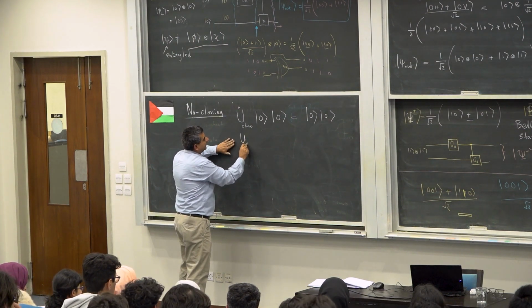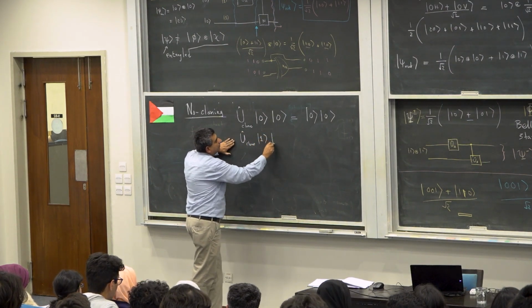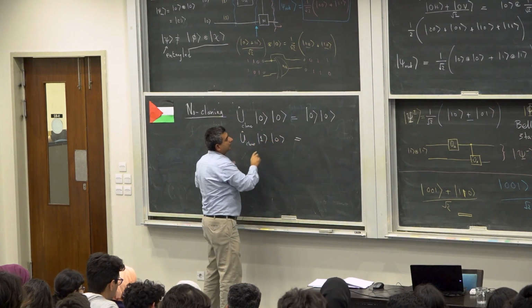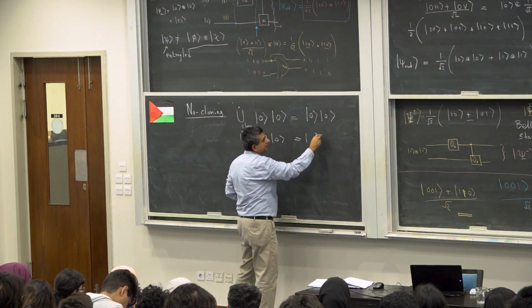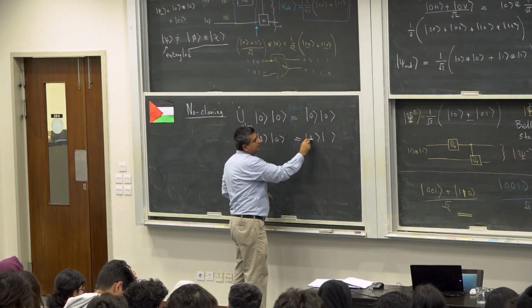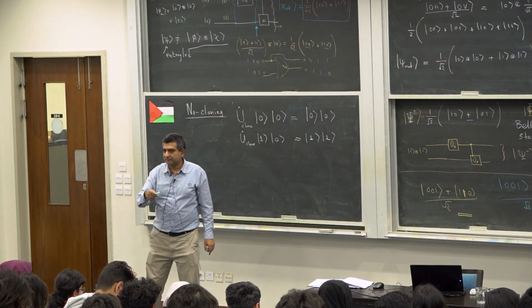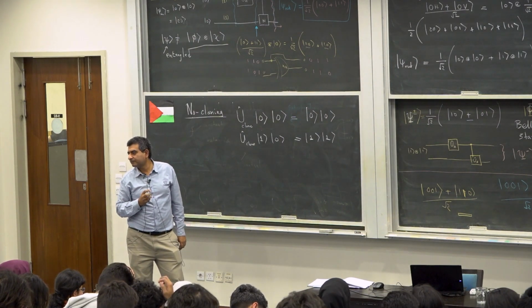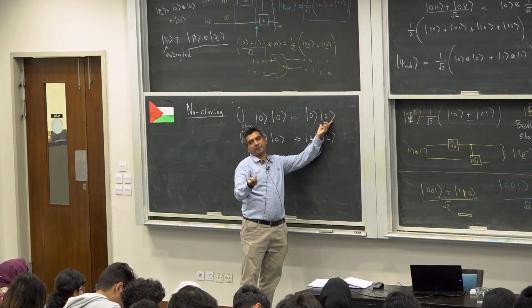The same cloner, if it were a perfect cloner, if it were to act on this input state, what would the output be? So it would be 1, 1. Now this information is also copied onto the scratch.